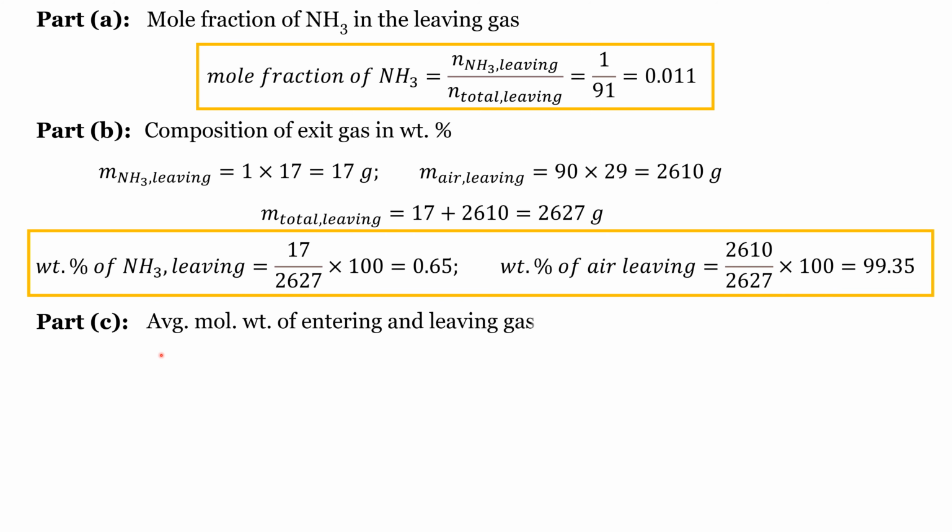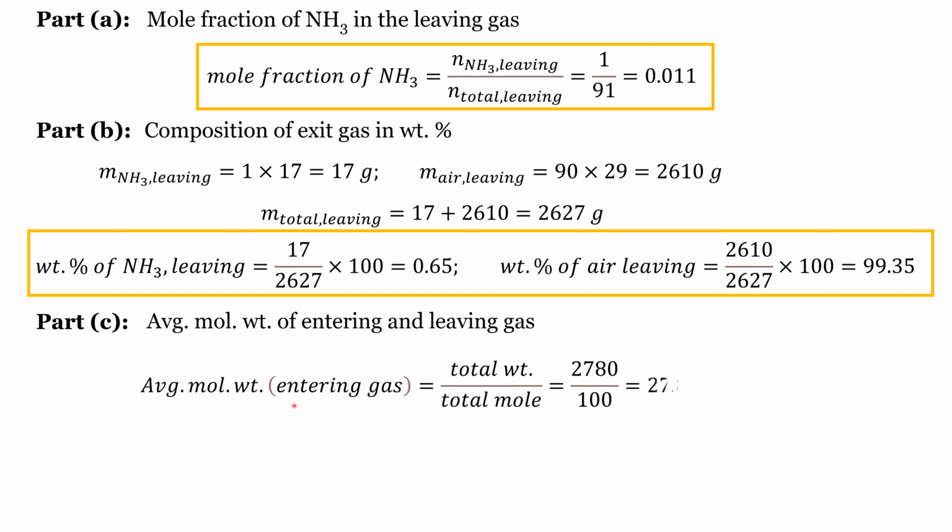So in part C, we need to estimate the average molecular weight of the entering and leaving gas. So we have already estimated the total moles entering and leaving and total weight entering and leaving. So we can easily estimate the average molecular weight of entering and leaving gas.